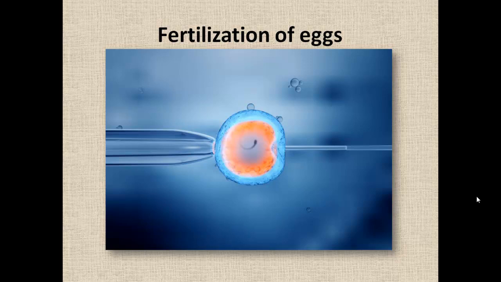Usually within 12 to 24 hours, fertilization is expected to occur between sperm and eggs. However, if the husband is experiencing infertility problems or has low sperm quality, sperm needs to be injected directly into each mature egg. This technique is called intracytoplasmic sperm injection or ICSI.